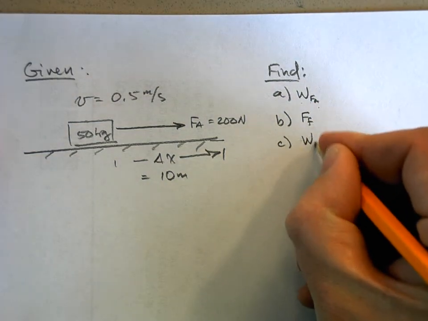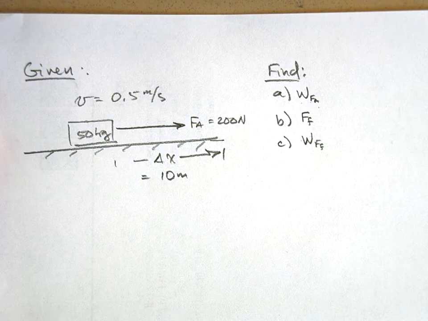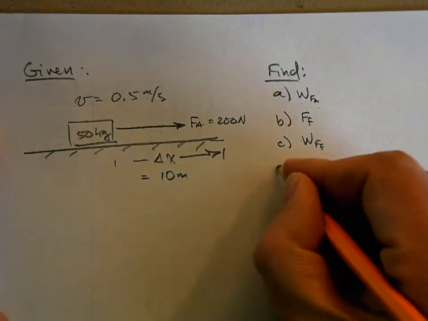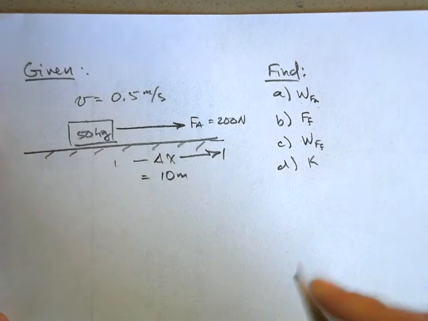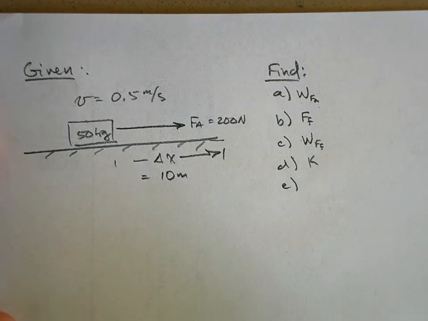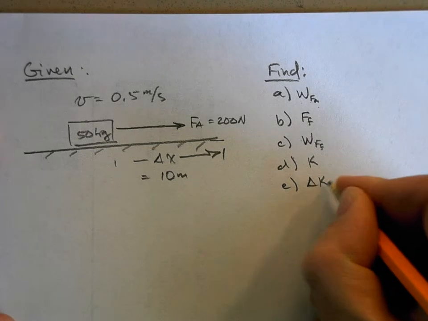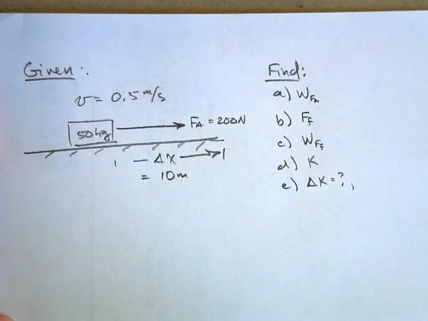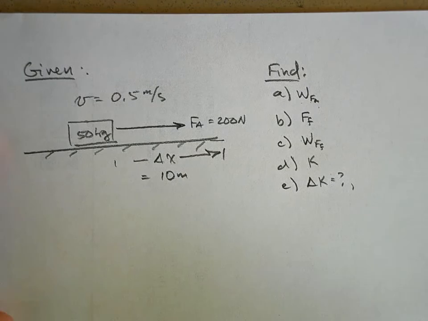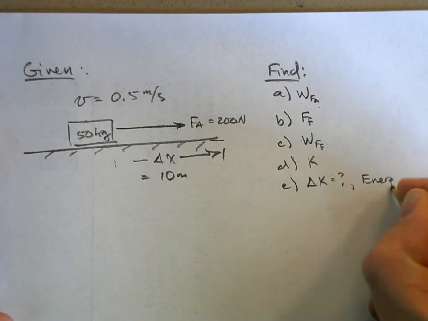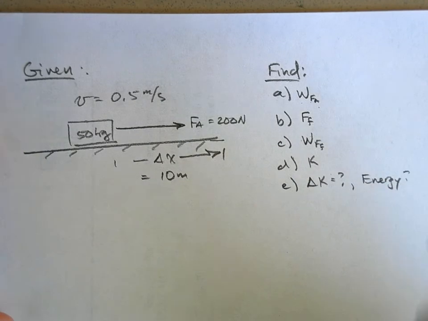C, what is the work done by the force of friction. And then D, the kinetic energy of the crate. And did the kinetic energy change? What was delta K? And where did the energy go? Energy, I'll just put a little question mark like that. All right.